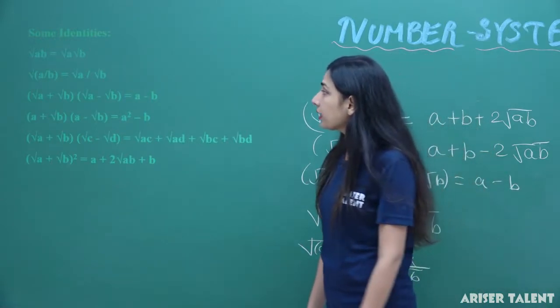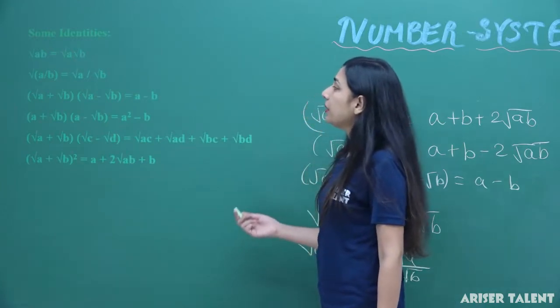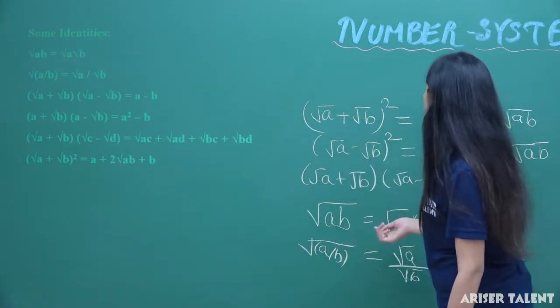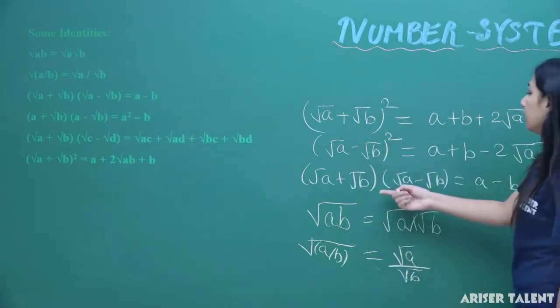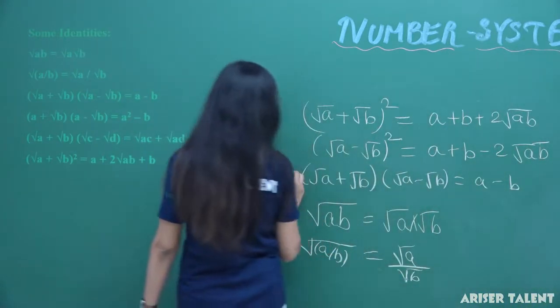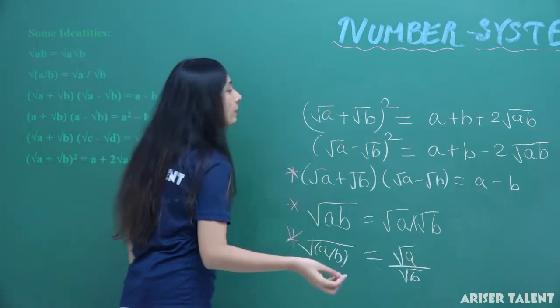Then I have this formula: (root a plus root b) multiplied by (root a minus root b). We have covered this particular formula, students, so these three formulas have been covered.